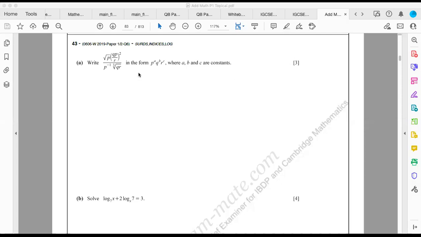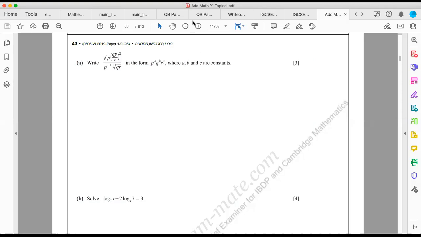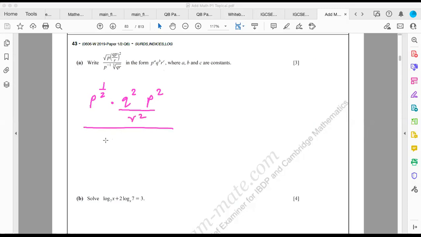For this particular question, first you have to write these indices in the form of p to the power a, q to the power b, and r to the power c, where p, q, r are constants. So you're trying to break this down as powers of p, q, and r. The best strategy is to simplify each power first. Root p can be written as p to the power half, then q square, p square upon r square, and divided by p to the power minus 1, q to the power 1/3, and r to the power 1/3.